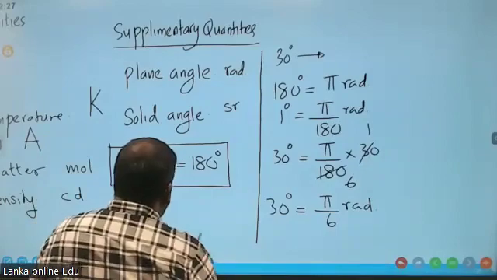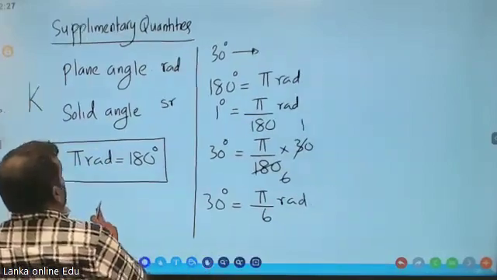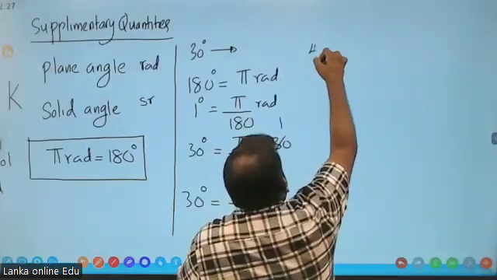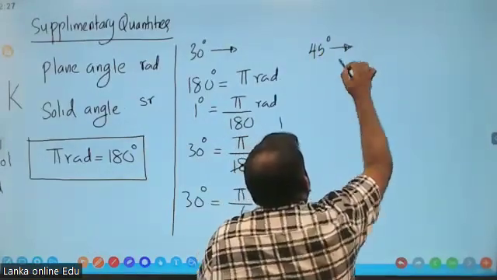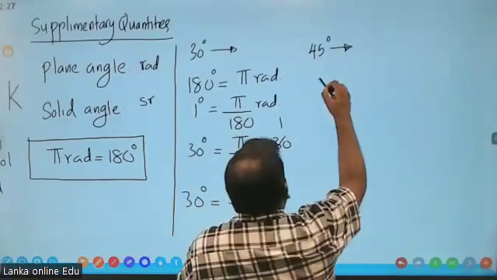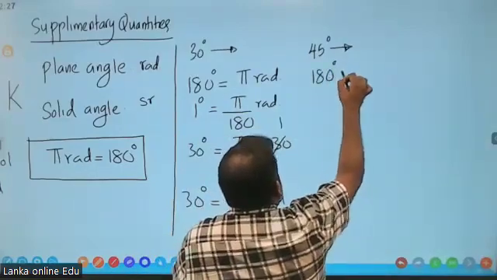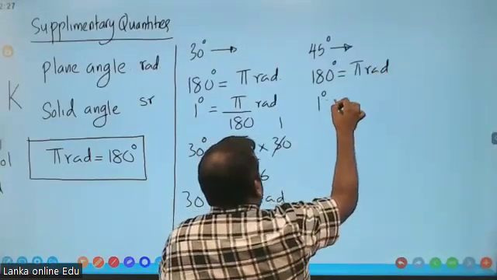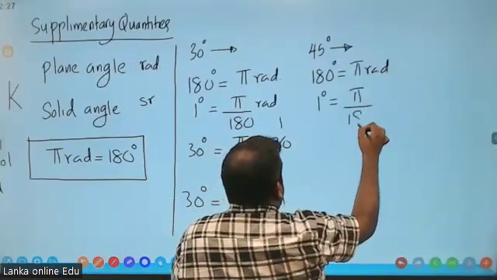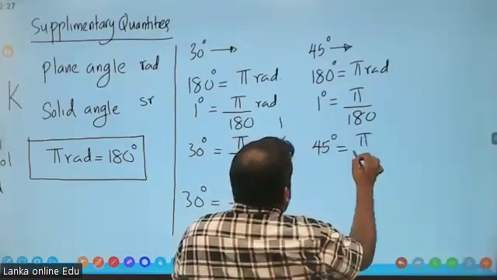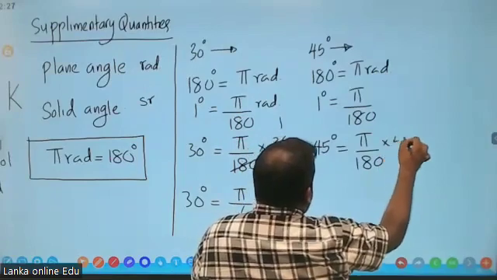We'll solve a few more examples, just for the new ones. Let's say 45 degrees. You need to convert this to radians. Basic rule: 180 degrees equals pi radian, so 1 degree is equal to pi over 180 radian. 45 degrees is pi over 180 multiplied by 45.